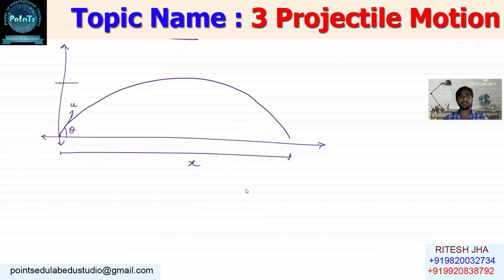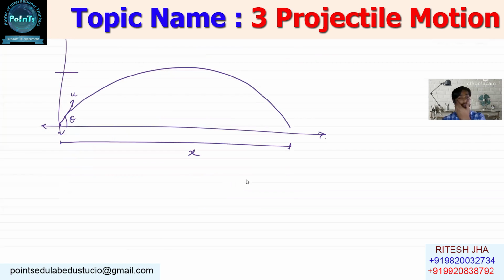Now, why do we call it two-dimensional motion? We can get the components of this u in both directions. If you have learned vectors, if a vector is at some angle theta, it has its effect in both axes.